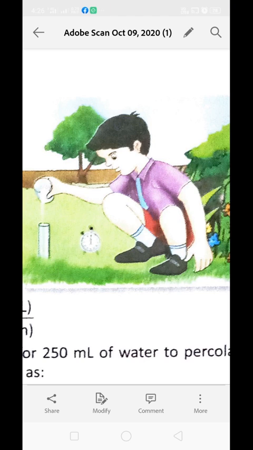First we have to look for a place where this activity can be done, where the amount of soil is good, for example a park or garden. Now we have to dig at least 2 centimeter deep into the ground. Now place this glass pipe or PVC pipe, whichever you are using, into the soil, as the picture shows.